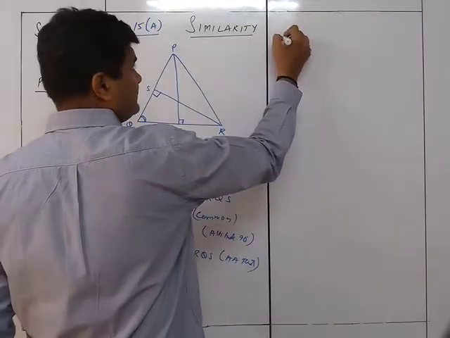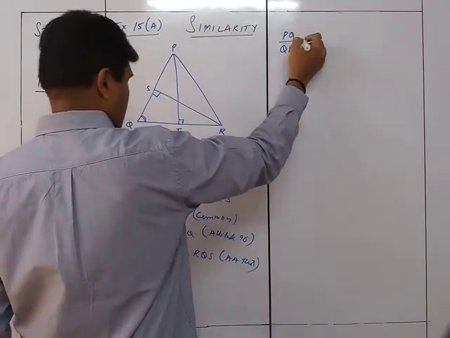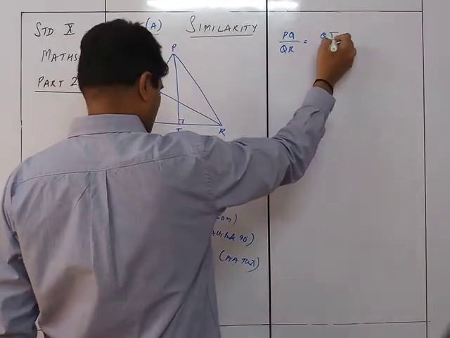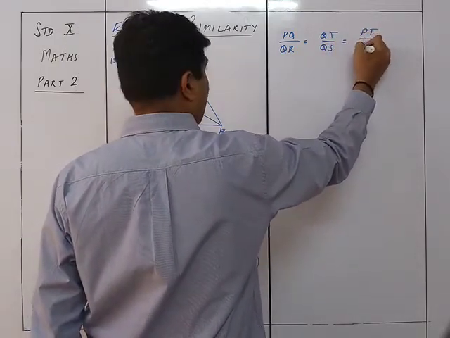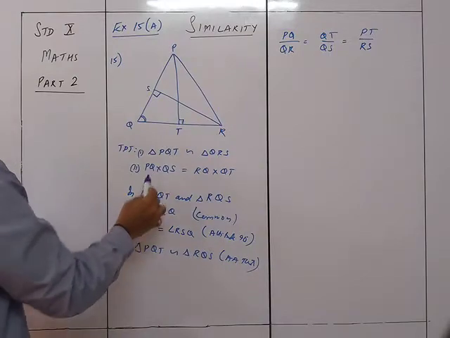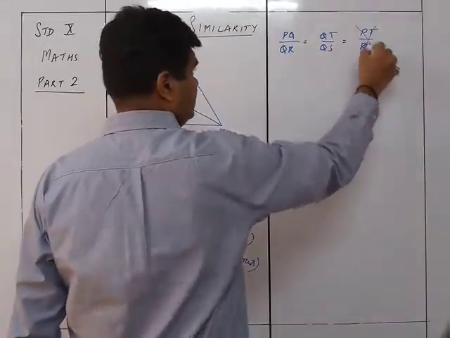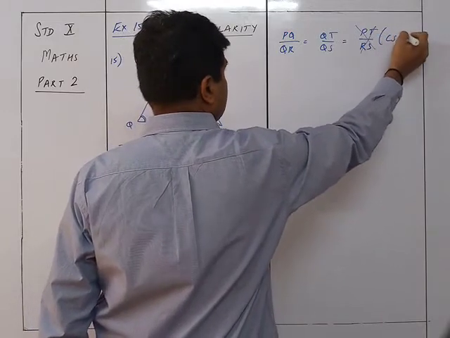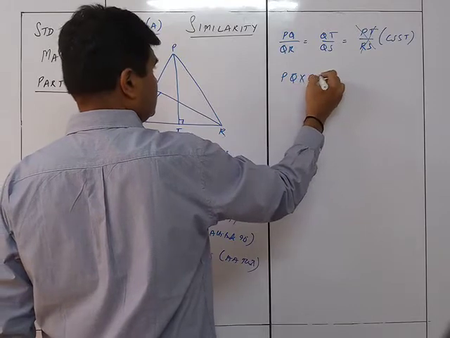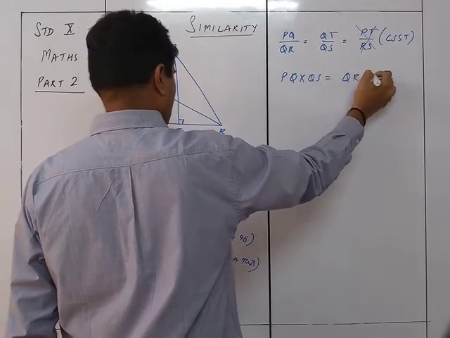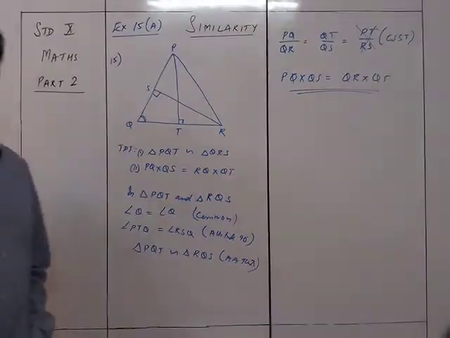So writing the correspondence now, PQ upon QR is equal to QT upon QS is equal to PT upon RS. What we want is PQ, QS. So we don't need this. This is CSST. Therefore, PQ into QS is equal to QR into QT. That was sum number 15.